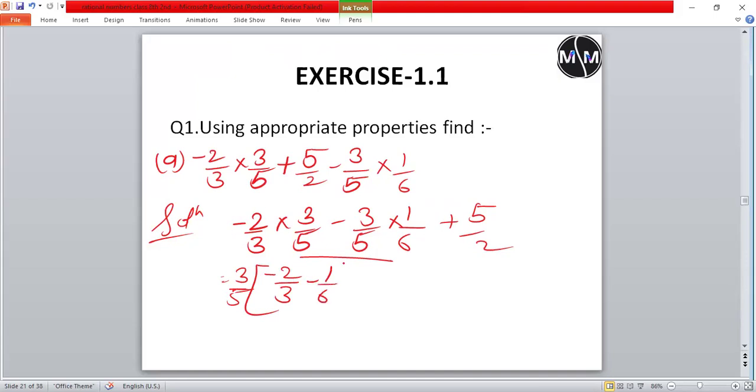minus 1 by 6. And take it to here now plus 5 by 2, is equal to 3 by 5. And the LCM in it is 6: minus 4 minus 1, and plus 5 by 2.